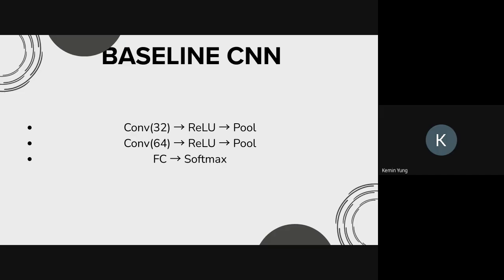It consists of two convolution blocks, each including a convolution layer, a ReLU activation, and a pooling layer. After feature extraction, the output is flattened and passed through fully connected layers to produce predictions for 10 classes. In this part, we keep all other settings fixed and focus on comparing different pooling methods.